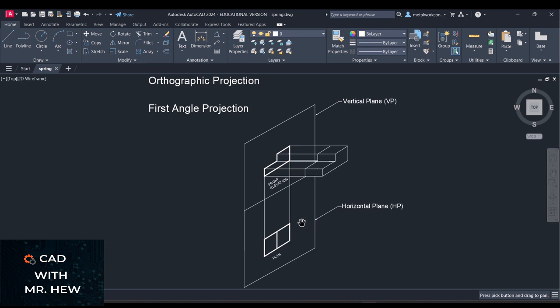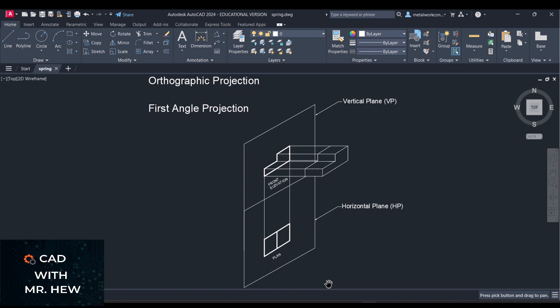On the computer or on the drawing board, it would be flat, meaning this line wouldn't be at 30 degrees, it would be flat. In the next video, I will show you how you actually draw a first angle projection. It will be the same principle that I'm showing you here now, but I'm showing you a three-dimensional model. The first angle projection is a two-dimensional drawing, okay?